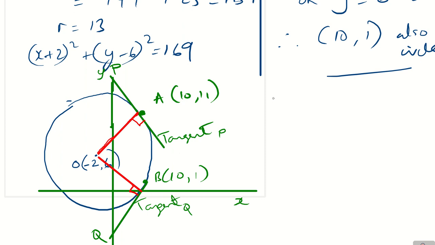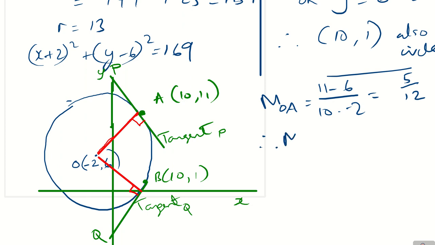So what we do then is we say the gradient from O to A is equal to the change in y divided by the change in x. So it's 11 minus 6 over 10 minus 2, which is 5 over 12. And that means that the gradient of the tangent at P is going to equal minus 12 over 5. I can then write an equation for the tangent, because it goes through the point 10, 11, so it's y minus 11 equals minus 12 fifths times x minus 10.